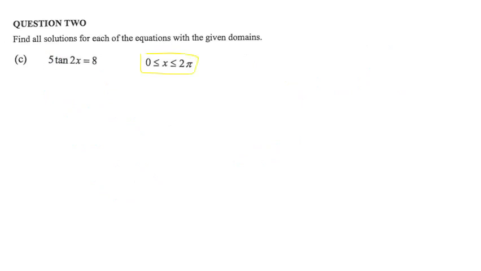Back to radians here. This graph is a bit easier to sketch, even though it's a tan graph. It's the normal tan graph, pi over 2 and 3 pi over 2, and there will be my graph. So the 2 just shifts all of these points back.